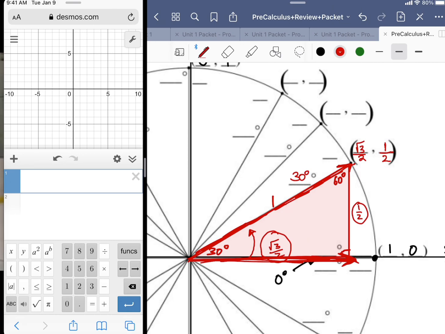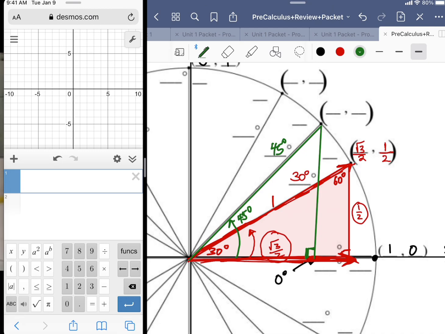Well, that's going to be a 45-degree reference angle. Now, I don't want to bore you too much. So for this one, I'll just tell you that the relationship for a 45-degree reference angle, and let me just plot it here, 45 degrees, is going to be radical 2 over 2, radical 2 over 2.